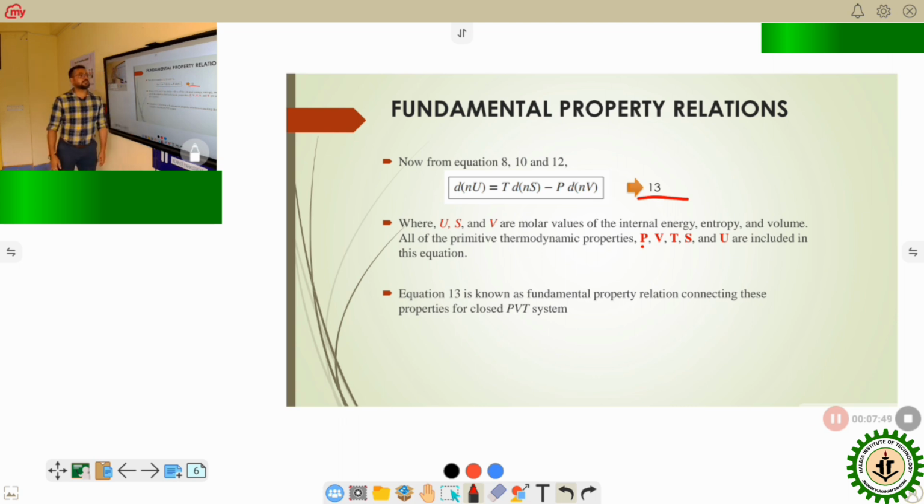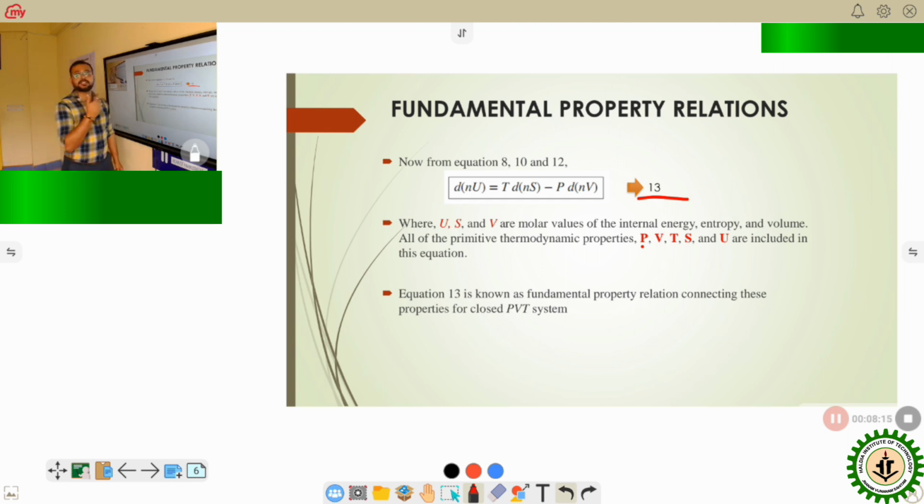So that's why this is considered the fundamental property relation of thermodynamics or of a fluid. Okay, so this equation number 13 will be the first fundamental property relation, where we can get the idea about the different thermodynamic properties like pressure, volume, temperature, entropy, and internal energy.